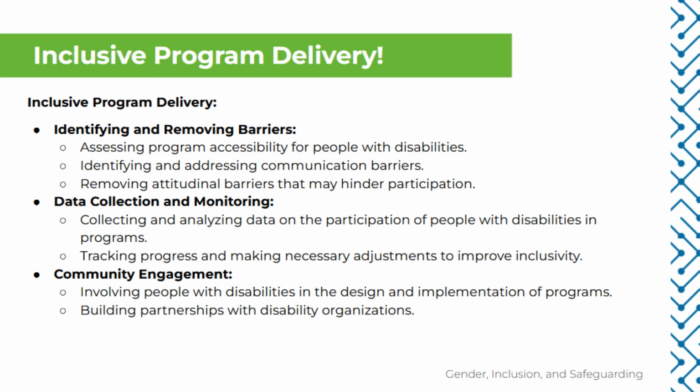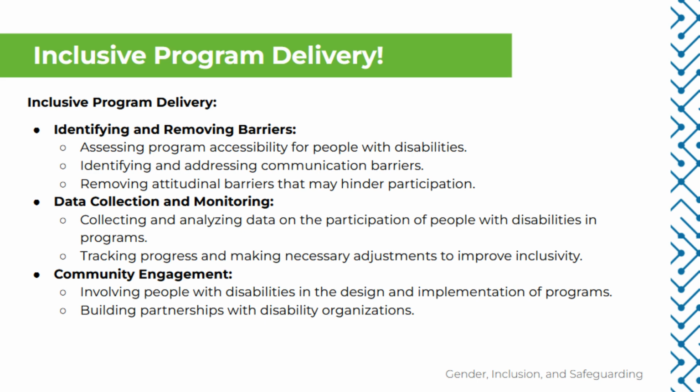First, it is important to identify and remove barriers that may prevent persons with disabilities from fully participating. This includes assessing program accessibility, addressing communication barriers, and removing attitudinal barriers that may hinder participation. Second, data collection and monitoring are essential.